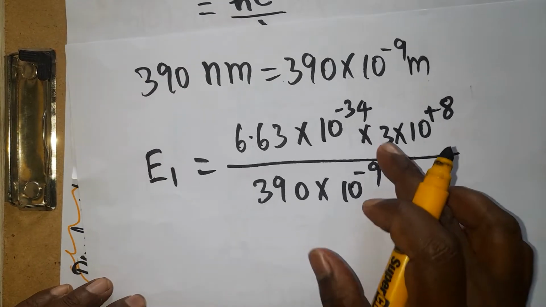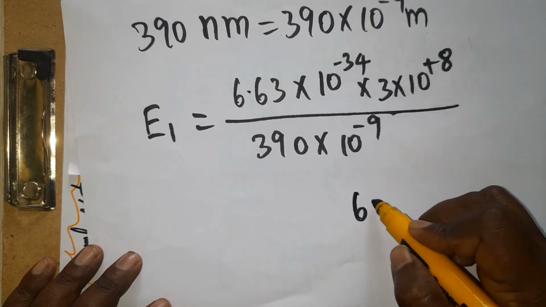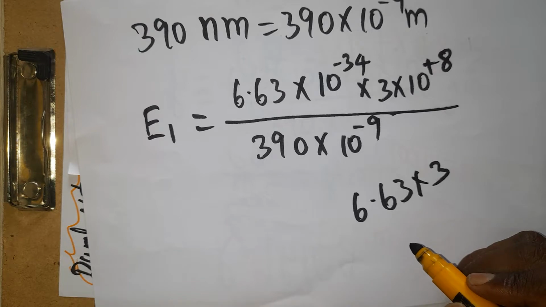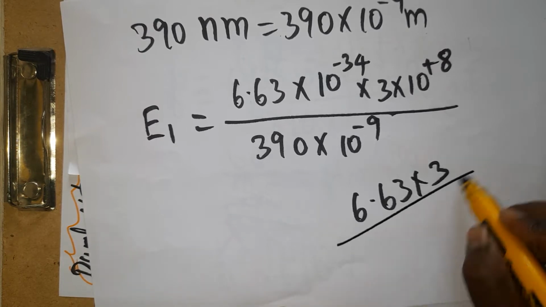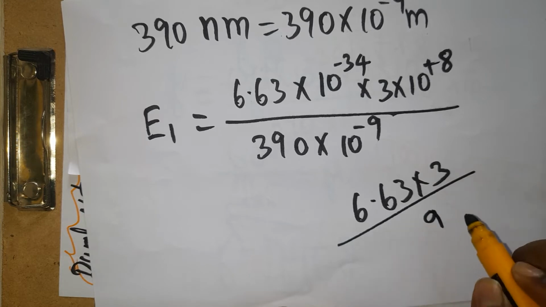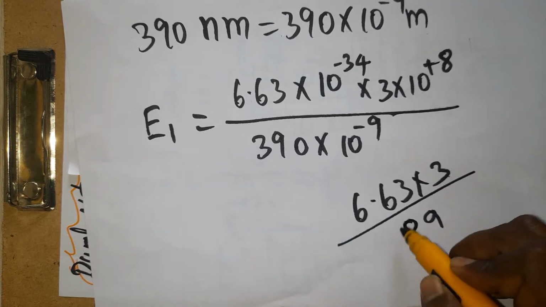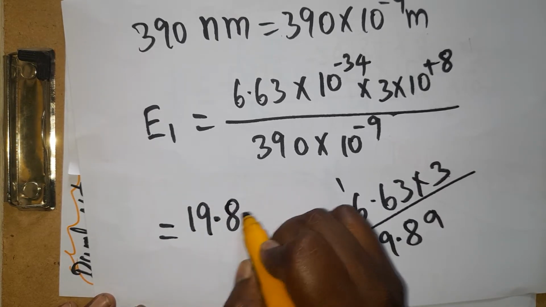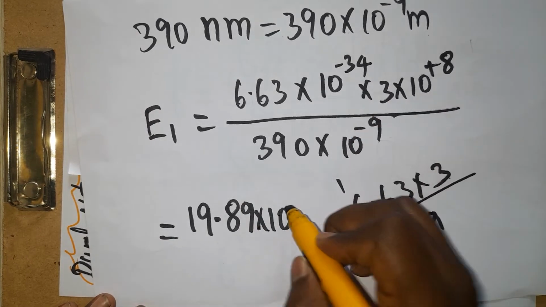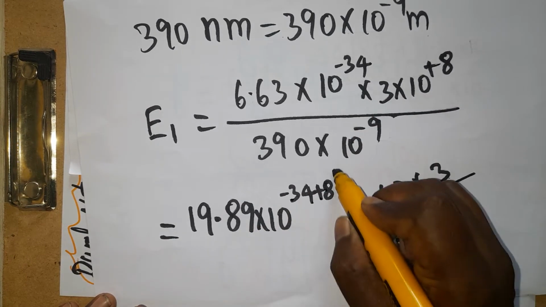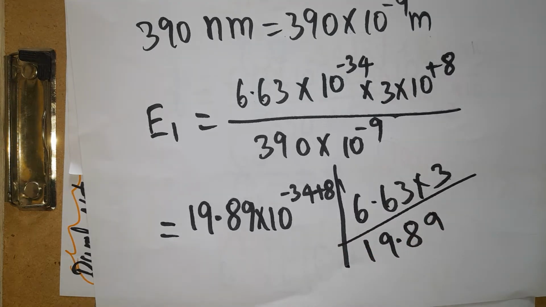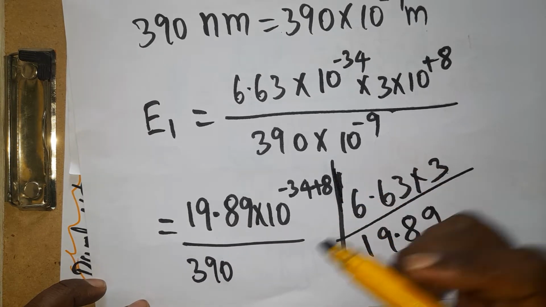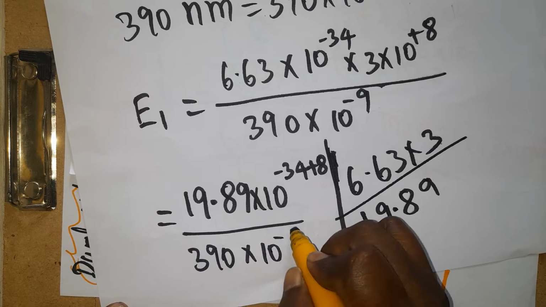Now we multiply the two. 6.63 into 3: 6 into 3 is almost 18, so almost 19. 3 3 is 9, 3 6 is 18, so 19.89 as the numerator, into 10 power minus 34 plus 8. That is in the numerator. Then the denominator is 390 into 10 power minus 9.